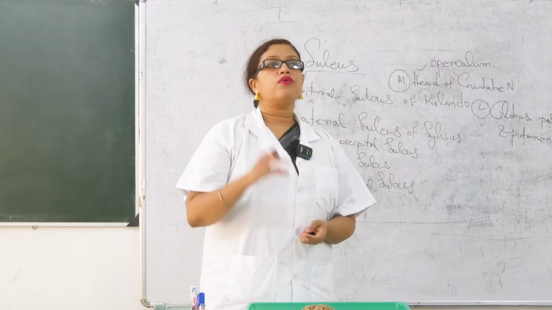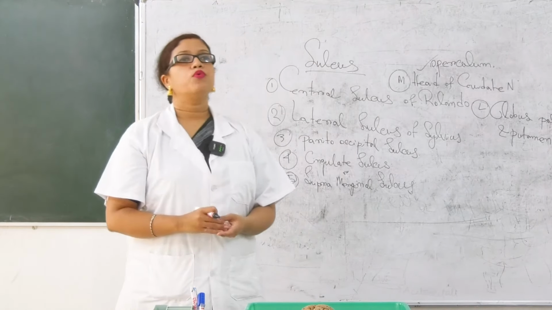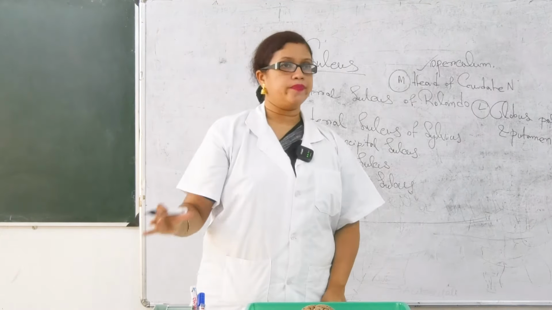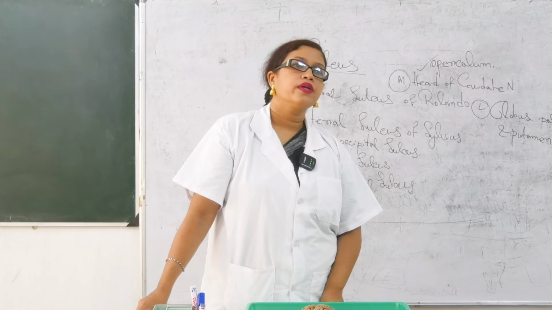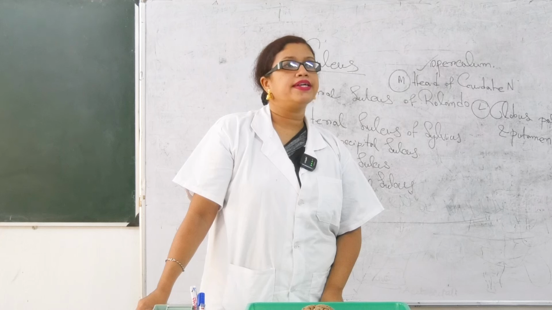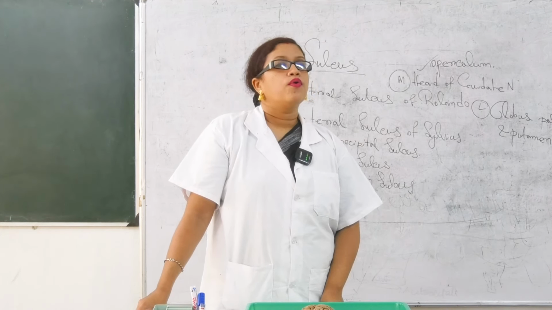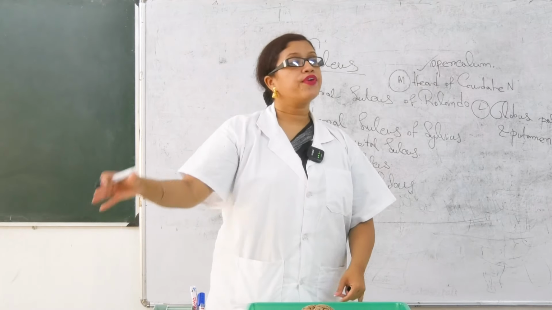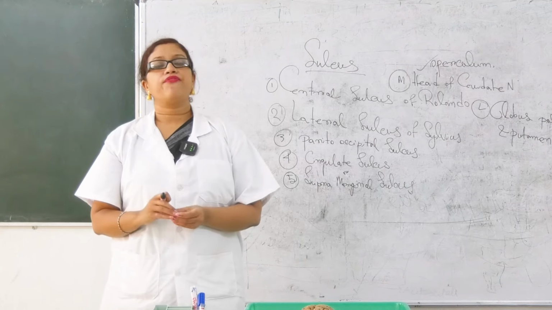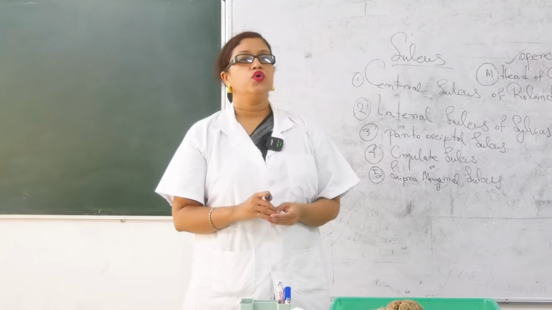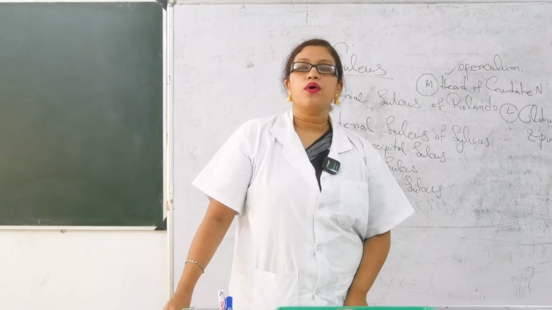So this is about the internal capsule. Most important, this is white matter. What is the function of the internal capsule? Write it down: it acts as a relay center from the different afferent pathways coming from the brainstem.